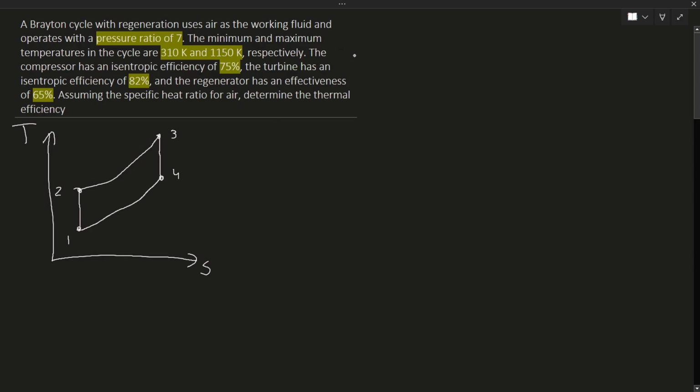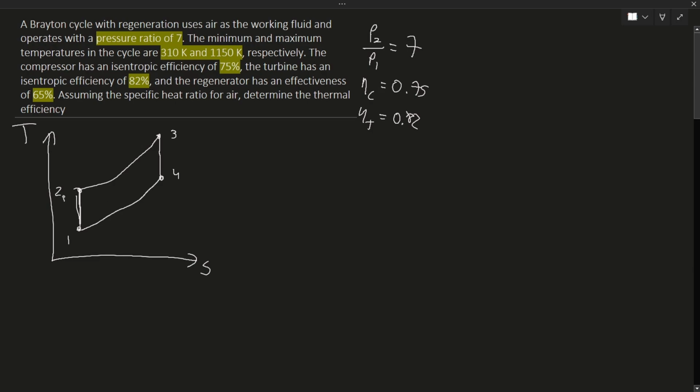So now we can read the question. It's giving us the pressure ratio, which is just a fancy way of saying P2 over P1 equals 7. You have your minimum and maximum temperature, and then we have our efficiencies: this one equals 0.75, and this one equals 0.82. What do these mean? Basically, it means that it's not going to be like this.